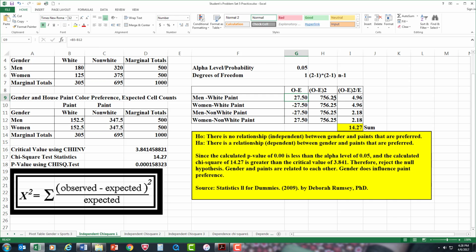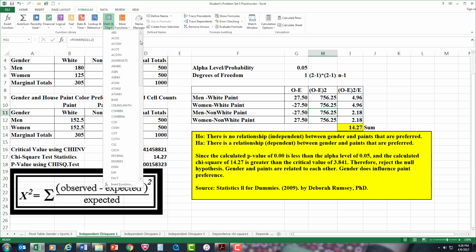Then once you get the number for this column, now you want to square it. And again, square is just a number times the number, or you could actually use the power command, which just asks you for the number and what your power is going to be. You can also find that, by the way, under the math and trig, and it's right there.